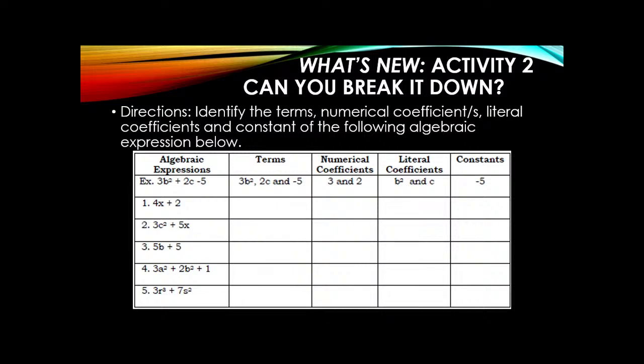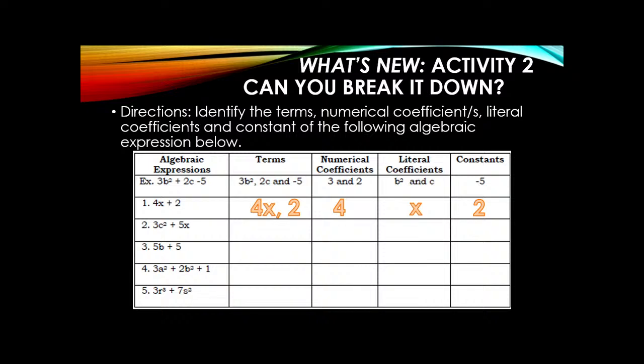Okay, so let's answer number 1. 4x plus 2. Ang terms nato is 4x and 2. Ang numerical coefficient is 4. Ang literal, x. Ang constant, 2. Okay, number 2. 3c squared plus 5x.